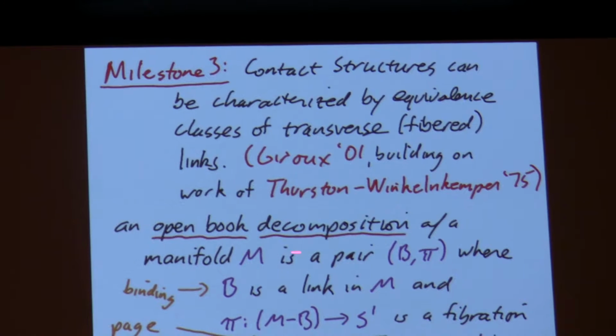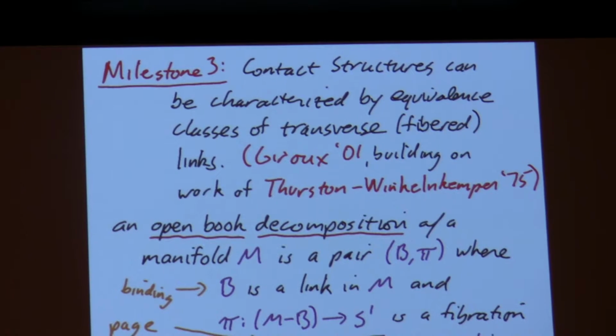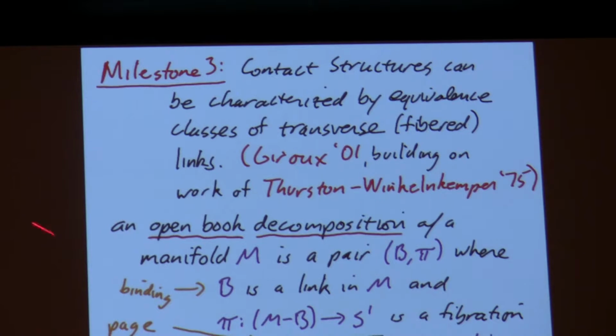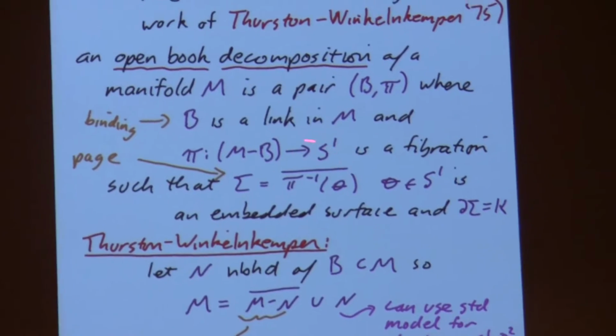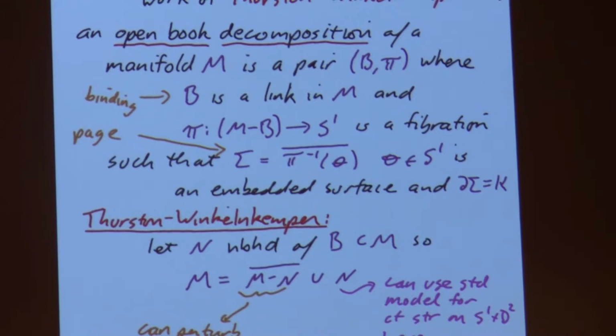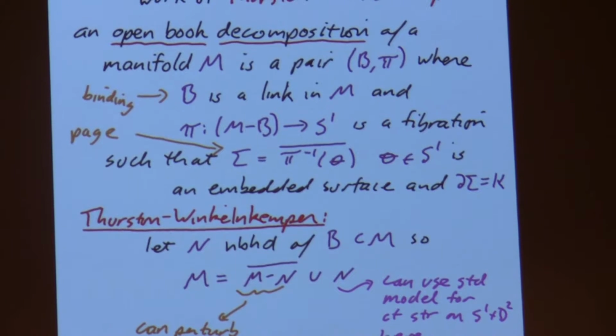It involves an important concept, which we'll come back to in the second talk, of open book decomposition. Let me give you one simple description of an open book decomposition. I'll give you a different one this afternoon. An open book decomposition for a manifold M is a pair (B, pi), where B is just a link in M. That's easy enough. And pi is a fibration of the complement of B over S^1, which means the fibers are surfaces, because we're in a 3-manifold.